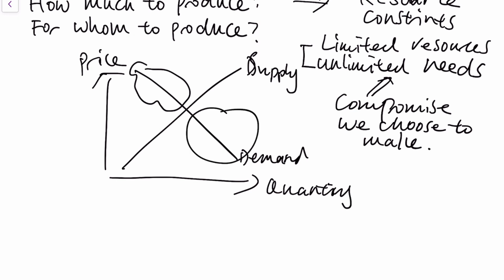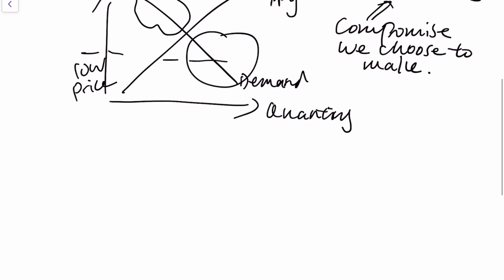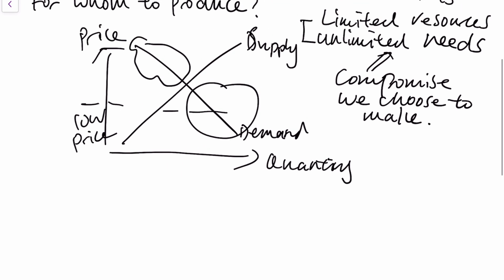Whereas for consumers in this part of the demand curve, they are only willing to pay a very low price, and consequently, they are unable to access or consume this type of goods or services. So this is essentially how markets work in a very simple diagram. And what I have just talked about is called the price mechanism.